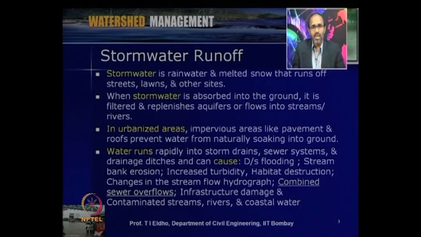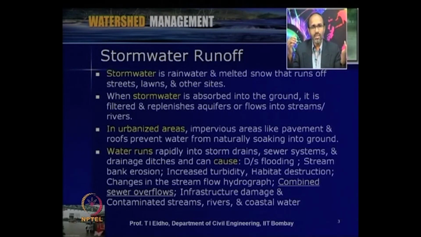When we consider urbanized watersheds or urbanized areas, impervious areas like pavements and roofs prevent water from naturally soaking into the ground. In a city like Mumbai, Chennai, Calcutta or Delhi, most of the areas, especially pavements and many other areas, are paved or impervious.